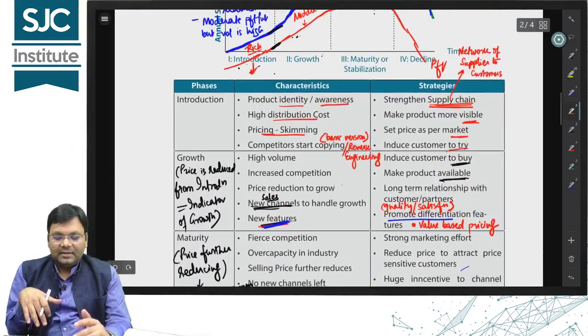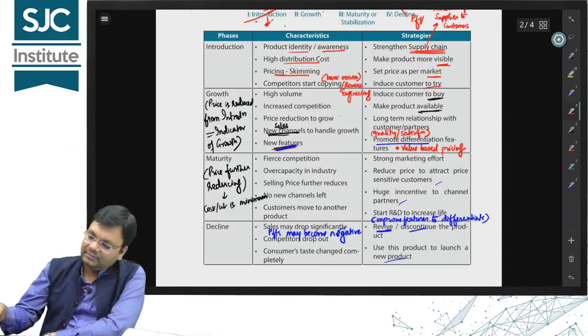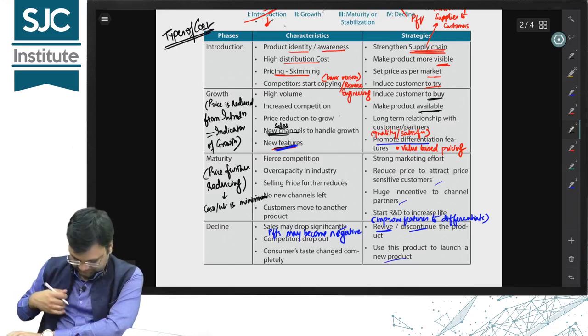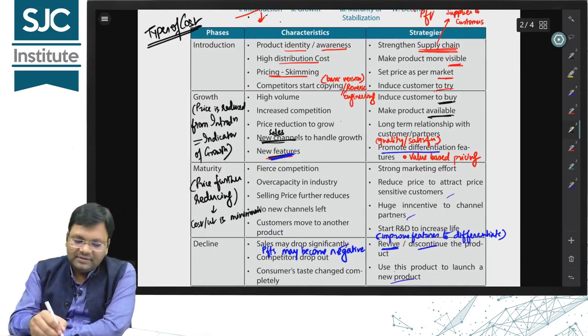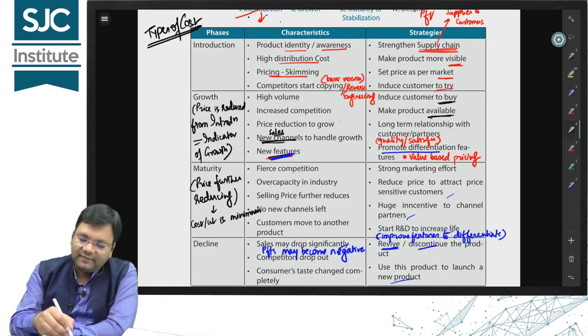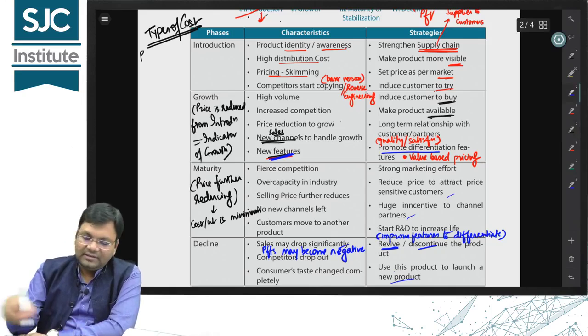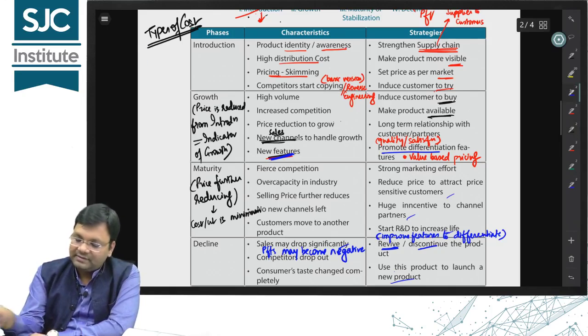Now next, to talk further, you write here, types of cost. There are some types of cost which you will see in different phases of life cycle. This kind of note is given in our new ICAI material. Old ICAI material did not have this.